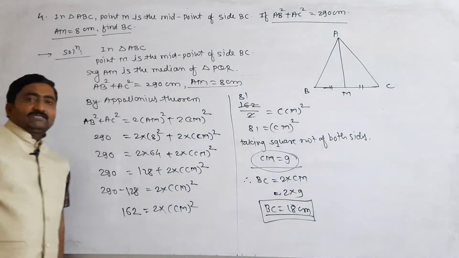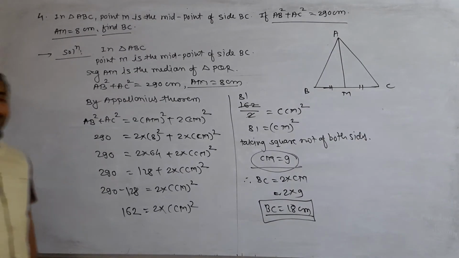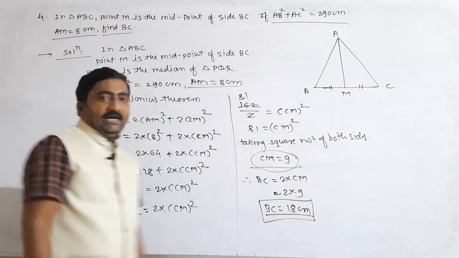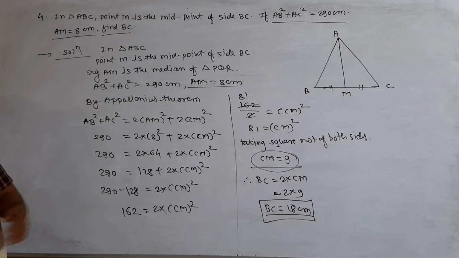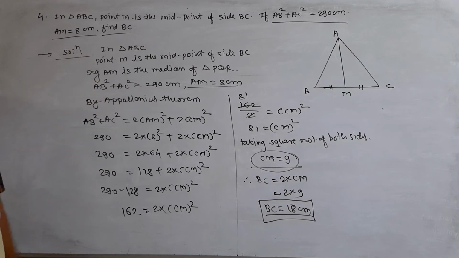In this way, we can solve the given problem by using Apollonius theorem. These are some examples depending on Apollonius theorem. Try to understand carefully. At home, you must practice more for all these examples.